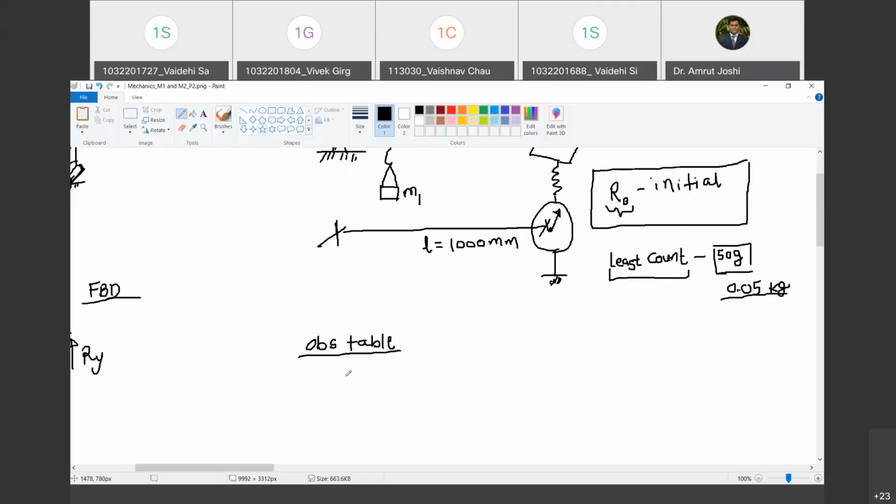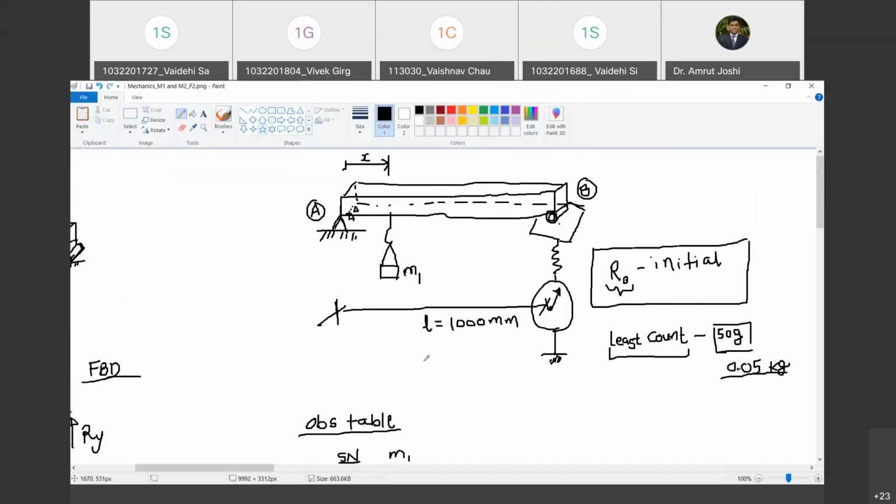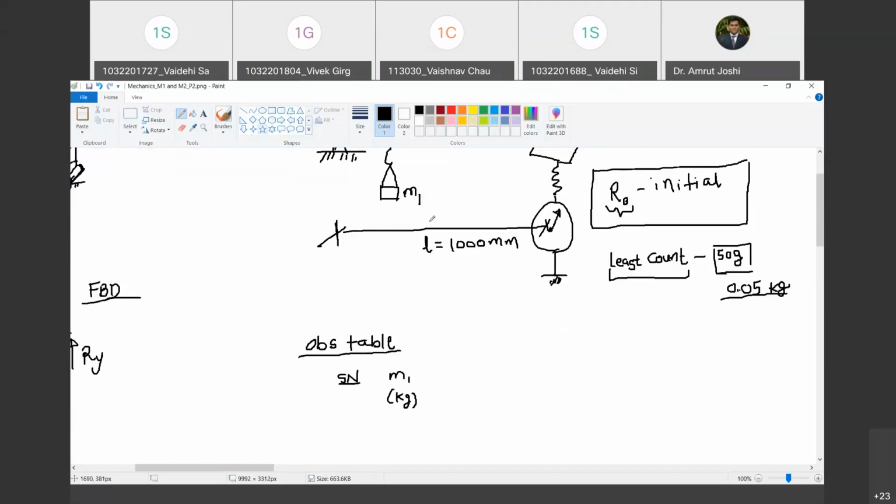The first one is going to be serial number, that is reading number. Then you are going to have M1, and this M1 you will mention in kg. Happy? Yes, sir. Are you with me? The value of M1, I will just call it M. This value of M is going to go on changing.